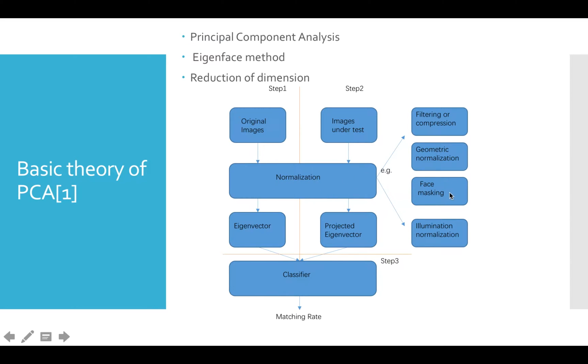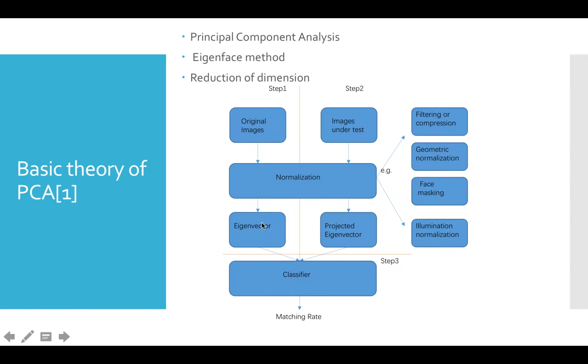The face masking is trying to avoid the background, hair, or jewelry affecting face recognition. Here, the illumination normalization. This is the most important one because illumination can have a huge effect on face recognition. The same face in different lighting sources can look dramatically different.